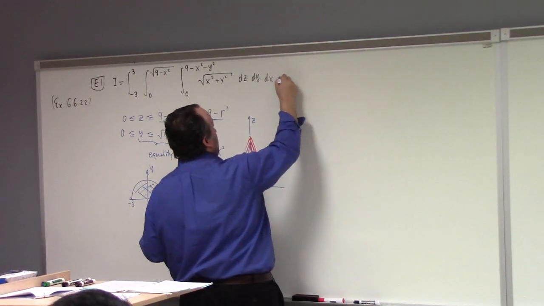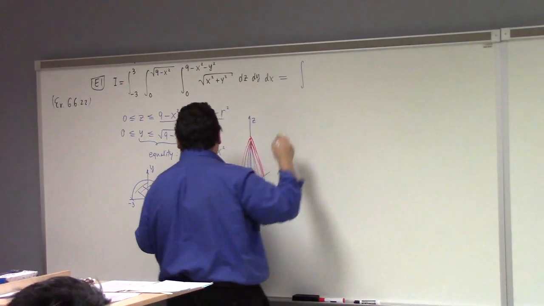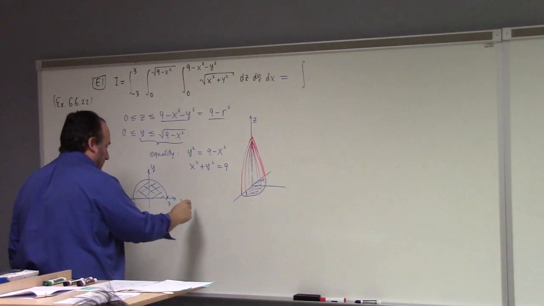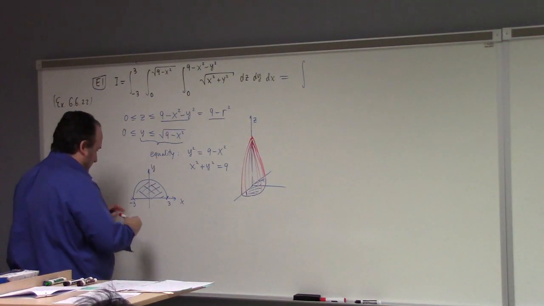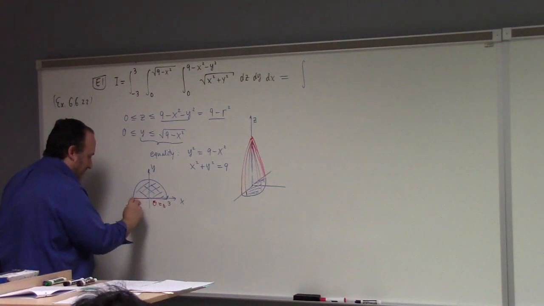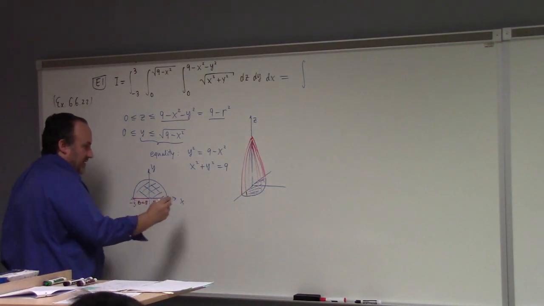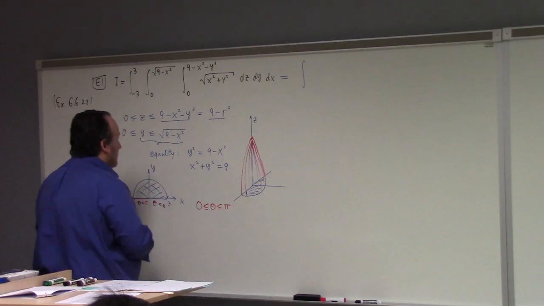This is actually going to be equal to the integral. In terms of cylindrical coordinates, we've got what? We're sweeping from here, theta equals 0, over to here, theta equals pi, right? So we've got 0 less than or equal to theta less than or equal to pi.